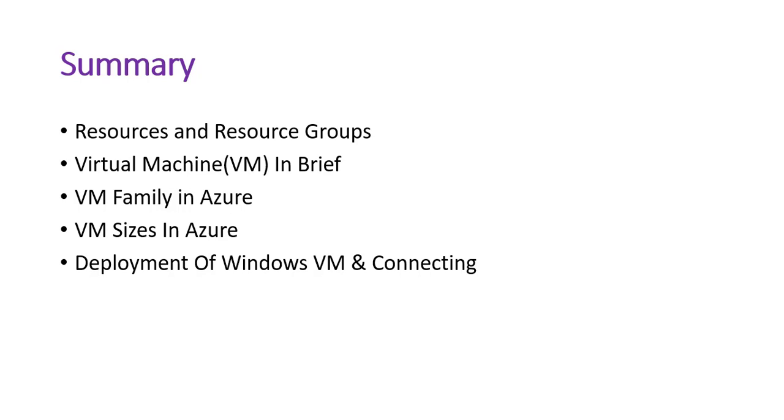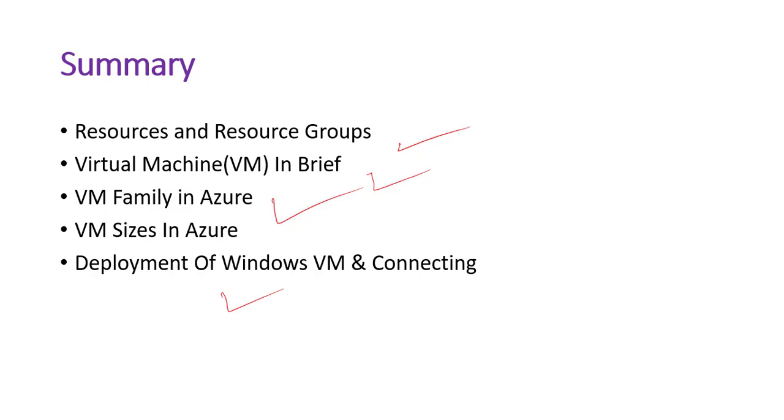So far in this tutorial, we have seen and learned about what resources and resource groups are, and we learned about what a virtual machine is in brief, and we learned about what the families and the Azure VM sizes are in Microsoft Azure. And we also saw the deployment of a VM and common problems we face while connecting to the virtual machine.